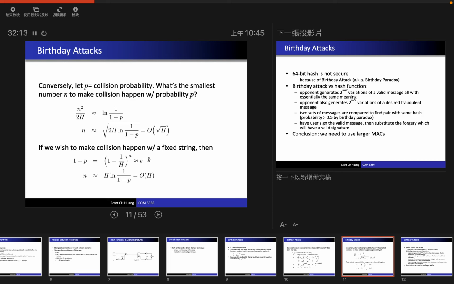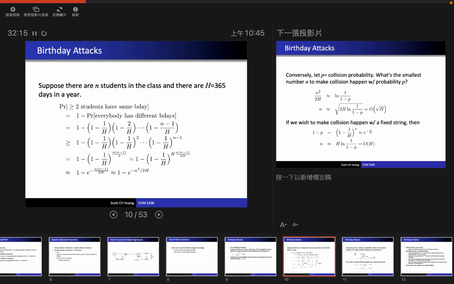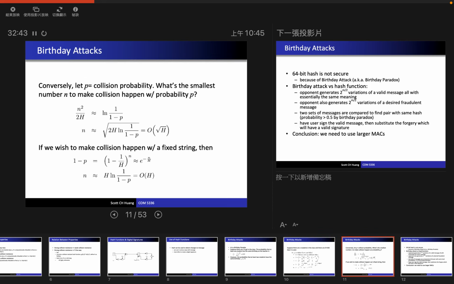And this square comes from summing these indices: 1, 2, 3, 4, up to n minus 1. So we have roughly n squared, and that square becomes the square root of h in the big O. So that's a birthday attack.